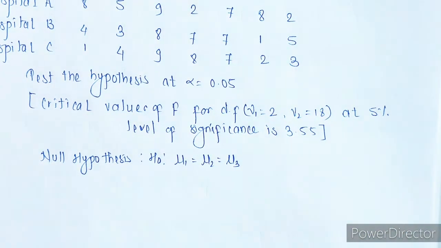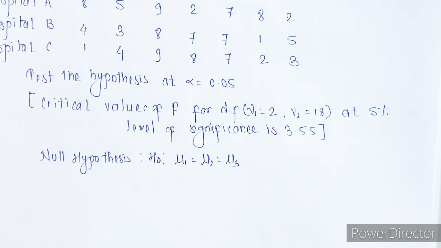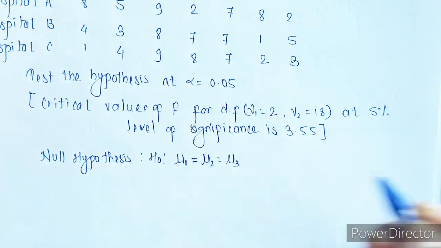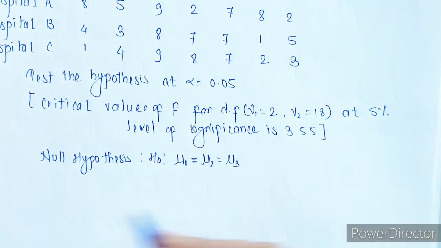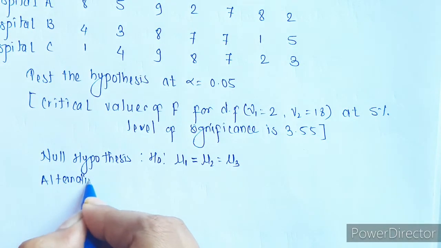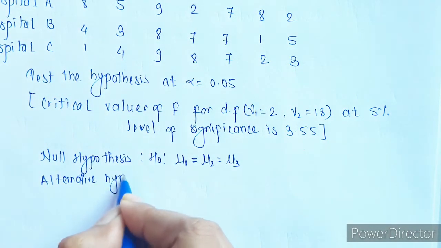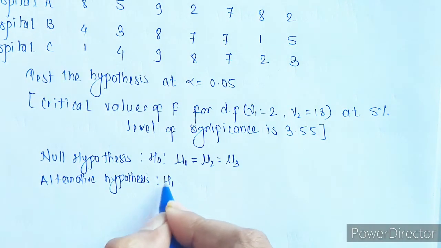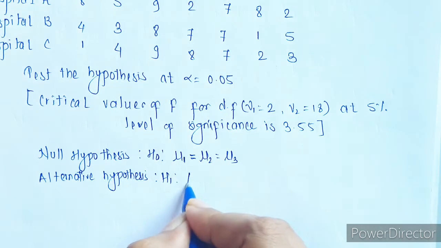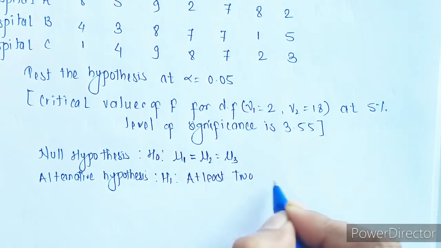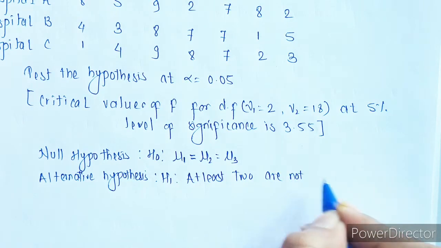So the average days stayed by the 7 patients in all these 3 hospitals is the same. So the average number of days stayed by patients in each of these 3 hospitals are equal. So our alternative hypothesis, H1, will be that at least 2 of these are not equal.